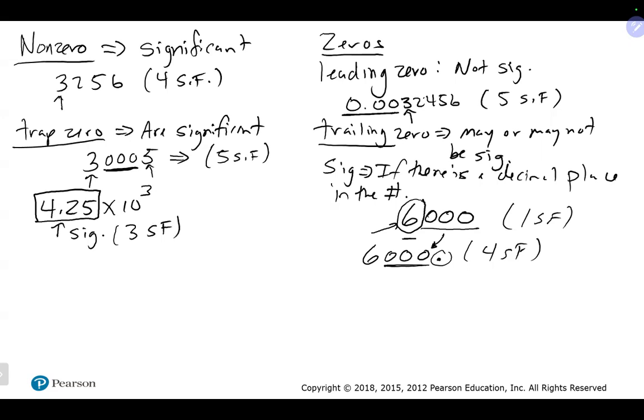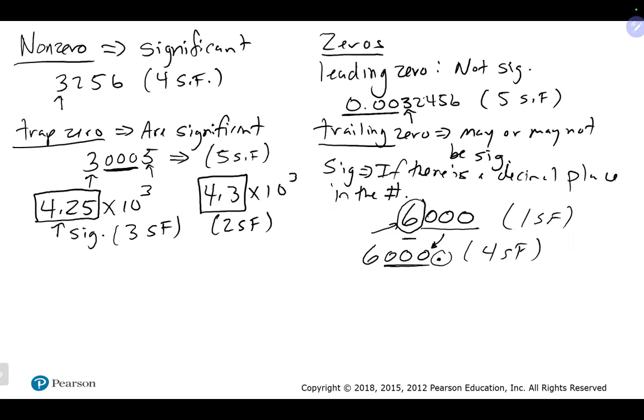Sometimes scientific notation is the only way to get the right number of significant figures, because you can control how many significant figures you need. For example, if you just needed 2 significant figures, you could write 4.3 times 10 to the 3, and now this number would have 2 significant figures. So whenever you write a number in scientific notation, all the numbers before the times 10 part are always significant.